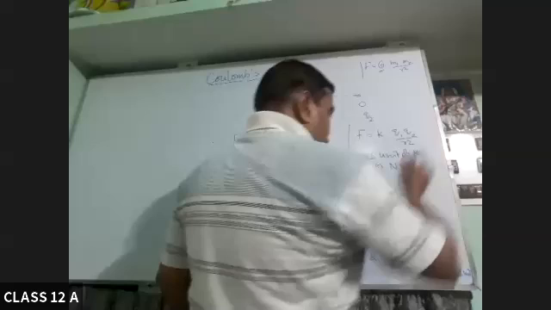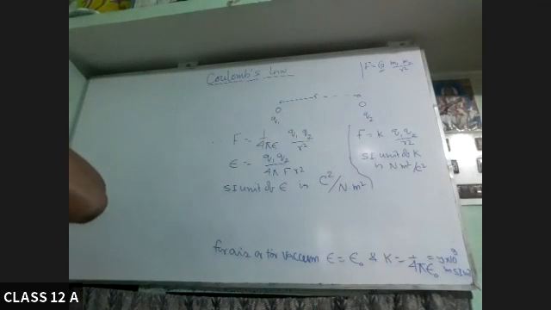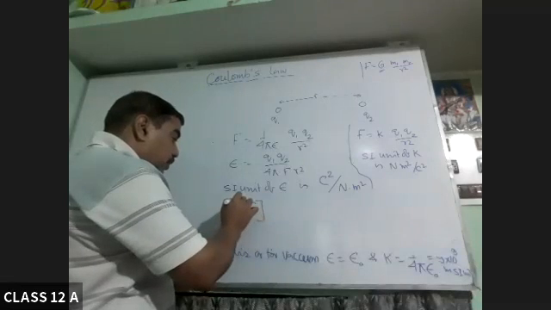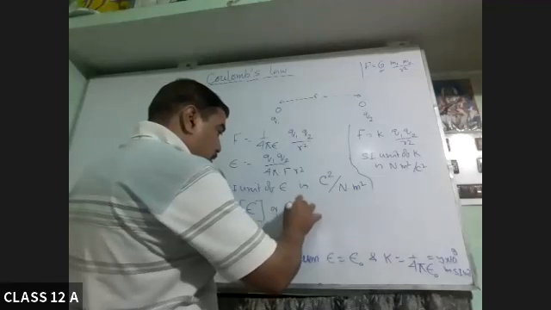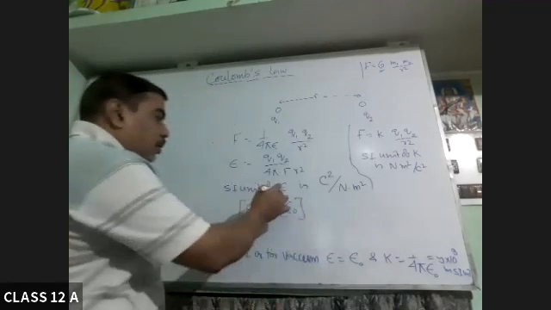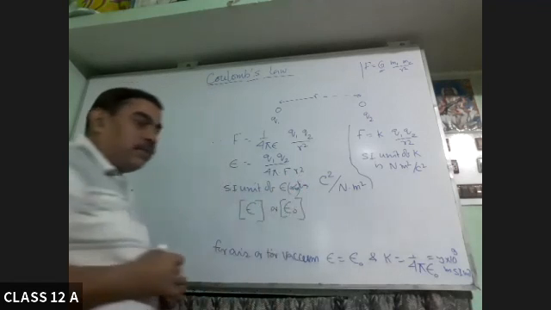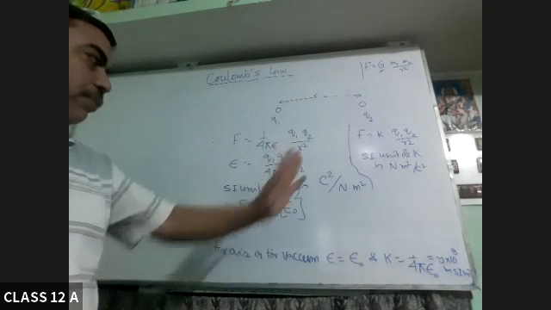So it is the reverse of epsilon. Now what will be the dimension? Sometimes the dimension of epsilon or epsilon naught is asked, because they have the same SI unit. This is of a medium and this is particularly of air or vacuum. The unit will be the same.